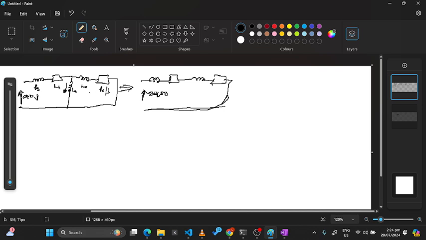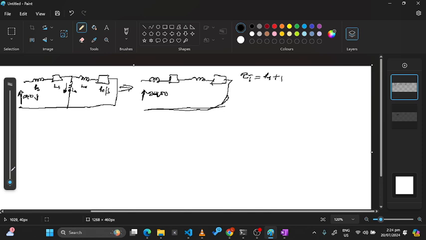Then let's look at when we don't ignore it. So if we ignore this, then this is a resistance, this is a resistance. Then the total impedance will be the sum of the two. So it's going to be what?